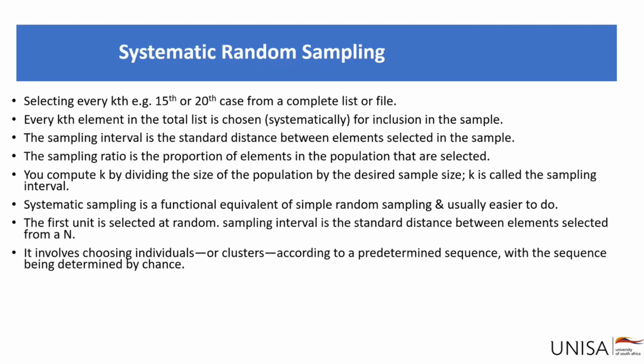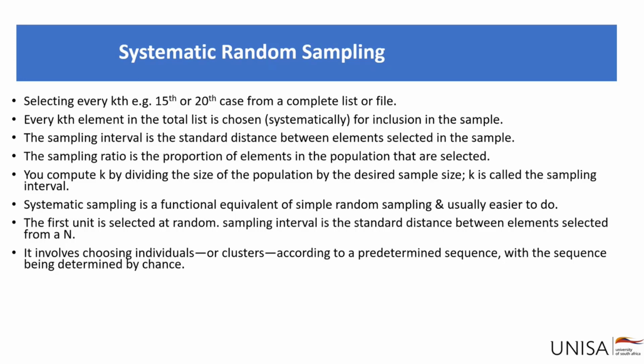So that's systematic. It's random, but it's systematic because nobody would have known that they are going to be number 5 today. So all the 1s and the 2s and the 3s and the 4s had an equal probability of being selected, but they were not selected because I've systematically chosen to go with kth. So the sampling ratio or the sampling interval is the standard distance between elements selected in the sample, 1 to 5, for example.